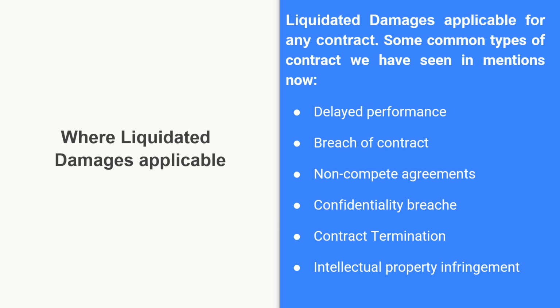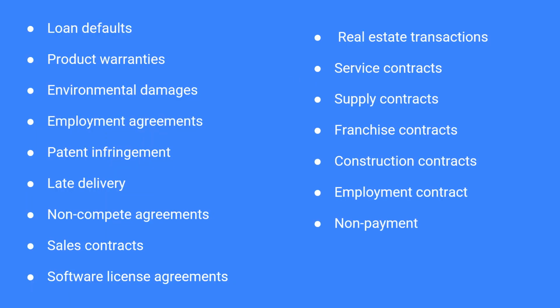Commonly, we have seen that liquidity damages are imposed in the following contracts: delay performance, breach of contract, non-compete agreement, confidentiality breach, contract termination, intellectual property, loan defaults, product warranties, environmental damages, employment agreement, late delivery, sales contract, software license agreement, real estate transaction, service contract, supply contract, etc. These liquidity damages are applicable in these areas.